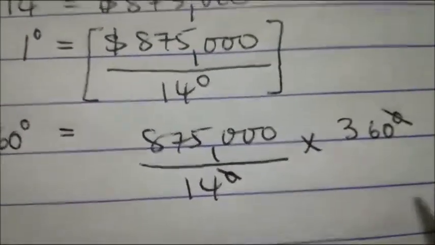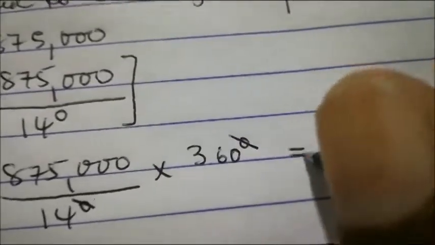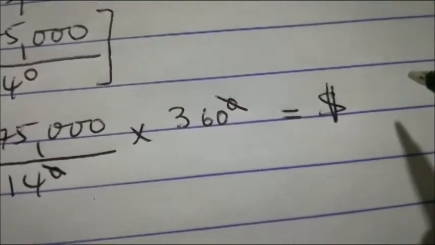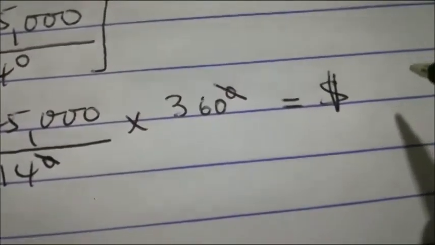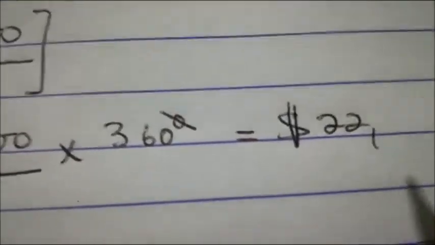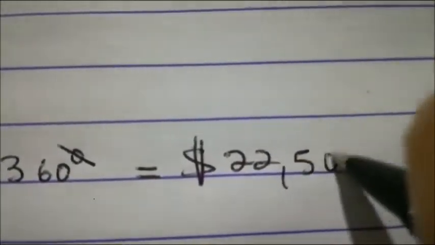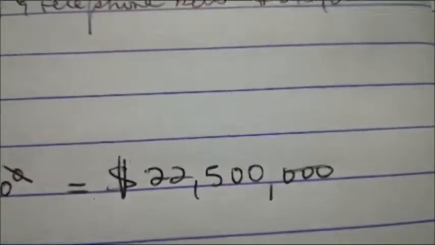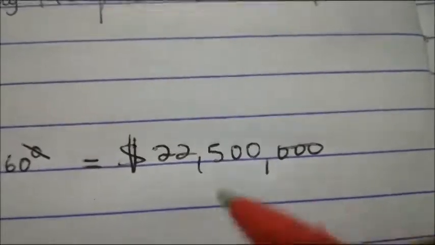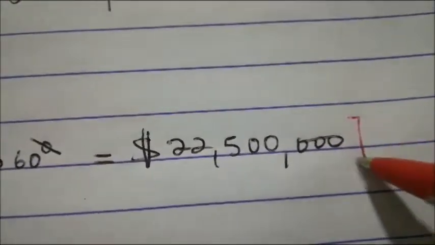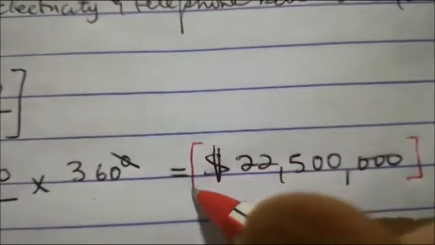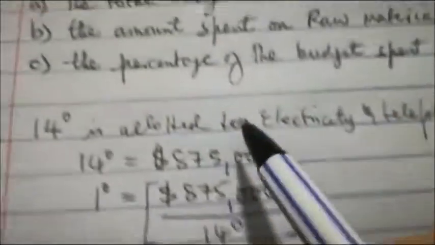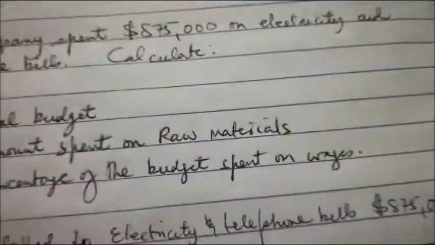And when we work this out, this works out to approximately 22,500,000. Just do the math and you will tend to agree with me. So the answer for section A is actually 22,500,000.